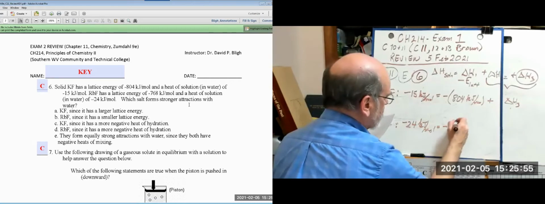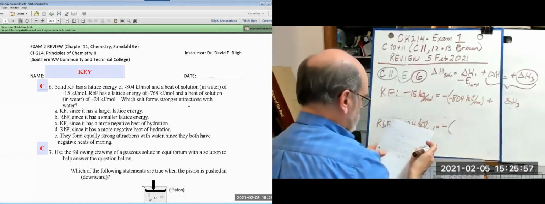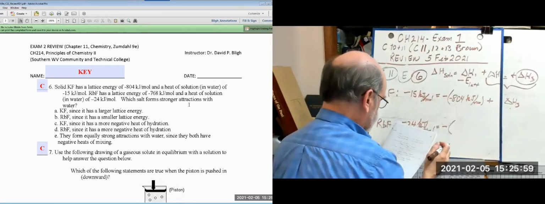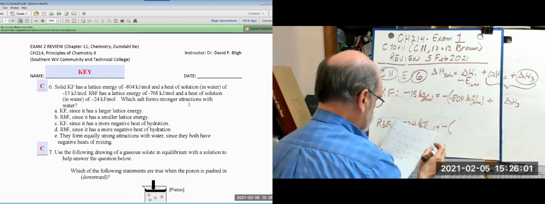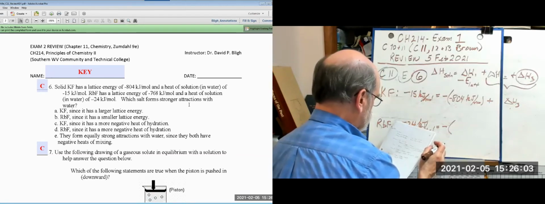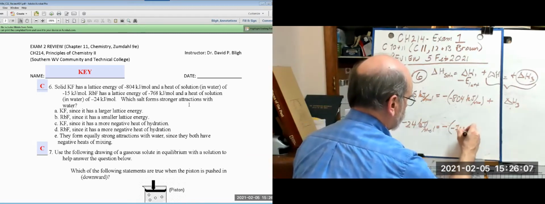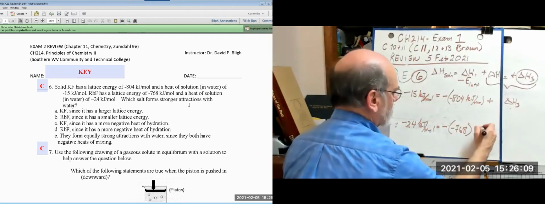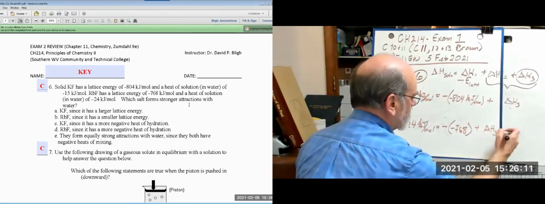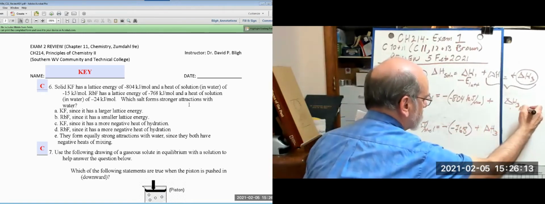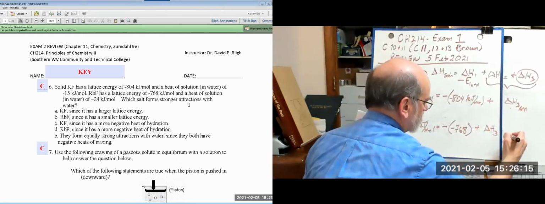And this is a negative of that negative, which is 768, plus the delta H. This is for KF, and this is for rubidium.